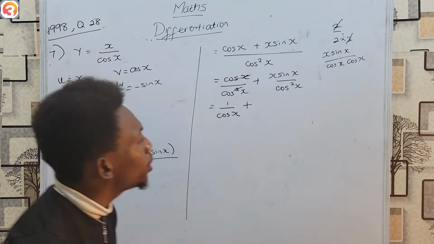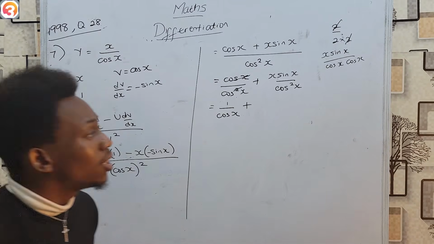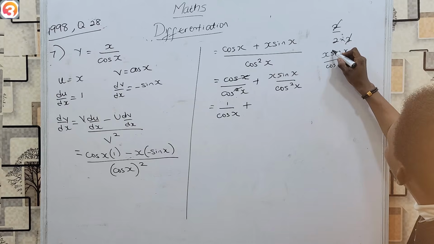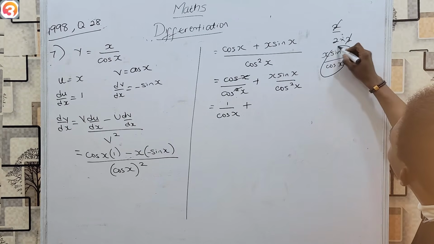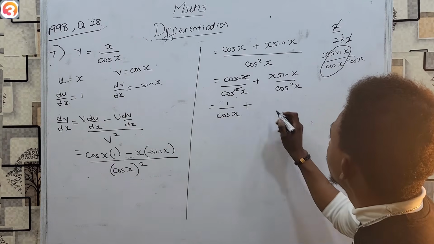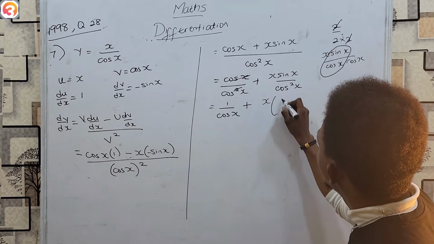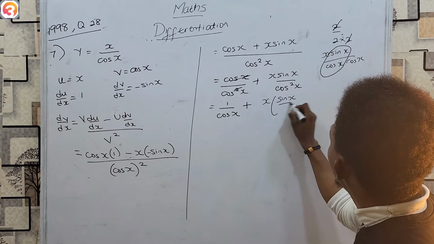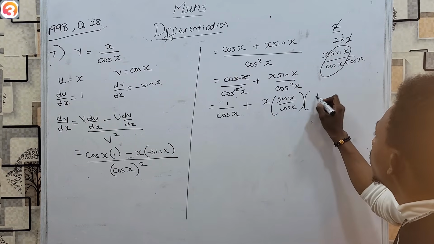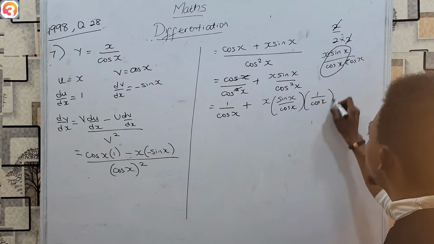Is there a simpler way to express that? Yes, because from trigonometry, this is why trigonometry is very important. So this will be x, let me write them separately, sine x over cos x, then I'm still going to be having 1 over cos x this way.